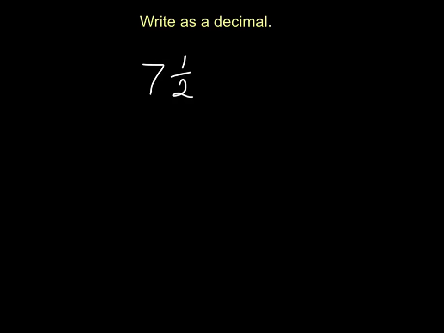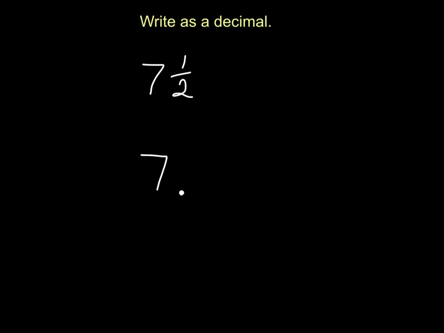If you have a mixed number like this, 7 1/2, and you're asked to write it as a decimal, what you need to do here is the whole number is going to be what's before the decimal. So in this case, you'd have 7, and then you have your decimal, because you're saying that's 7 wholes. And now I need to take this half and put it as a decimal.